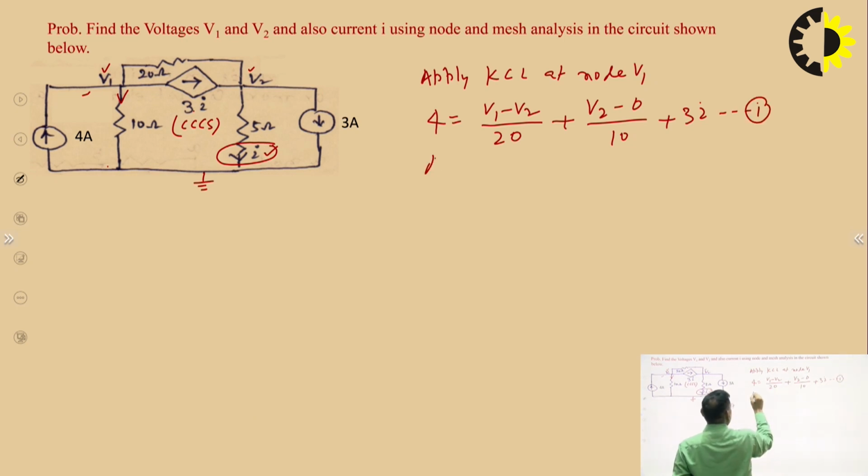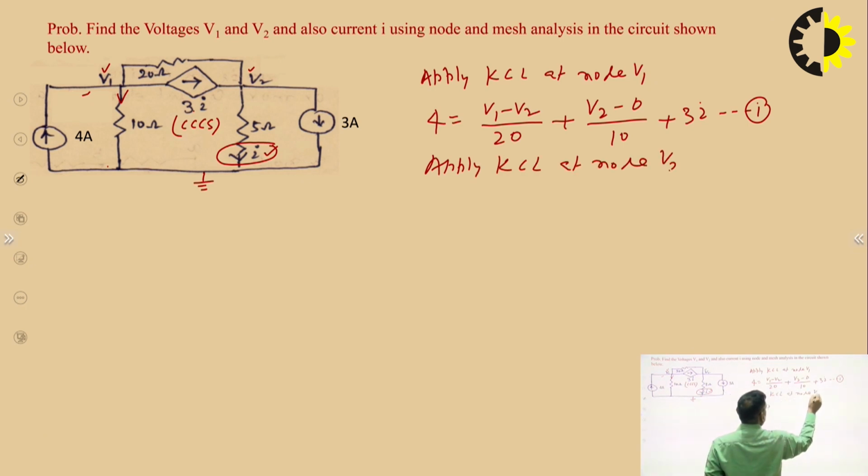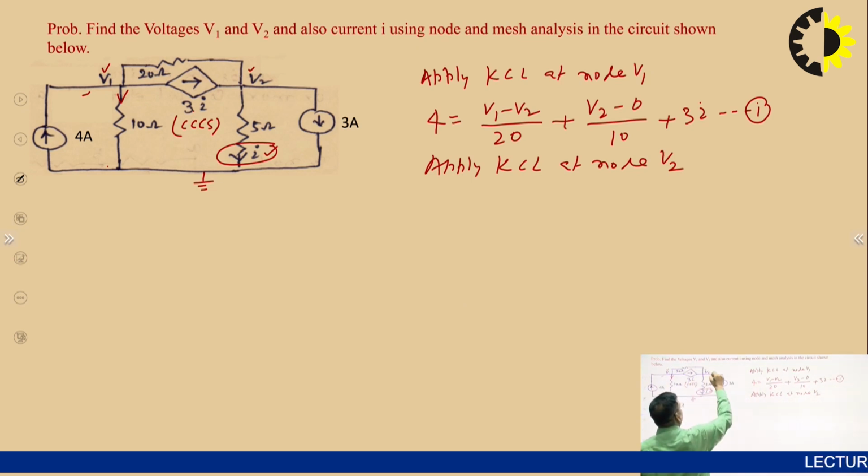Now apply Kirchhoff's current law at node V2. At node V2, how many elements are there? Again there are 4.